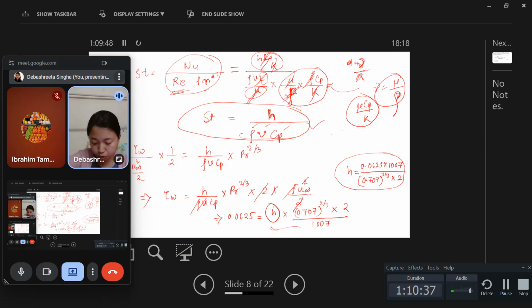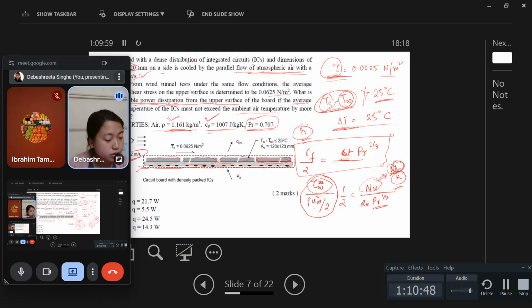I'm getting 39.65. Yes, yes, sir, 39 watts. Huh. Okay. So what was the question given? The question was to find out this Q, right? Heat, not heat flux, Q only. Heat only they have asked to find out.